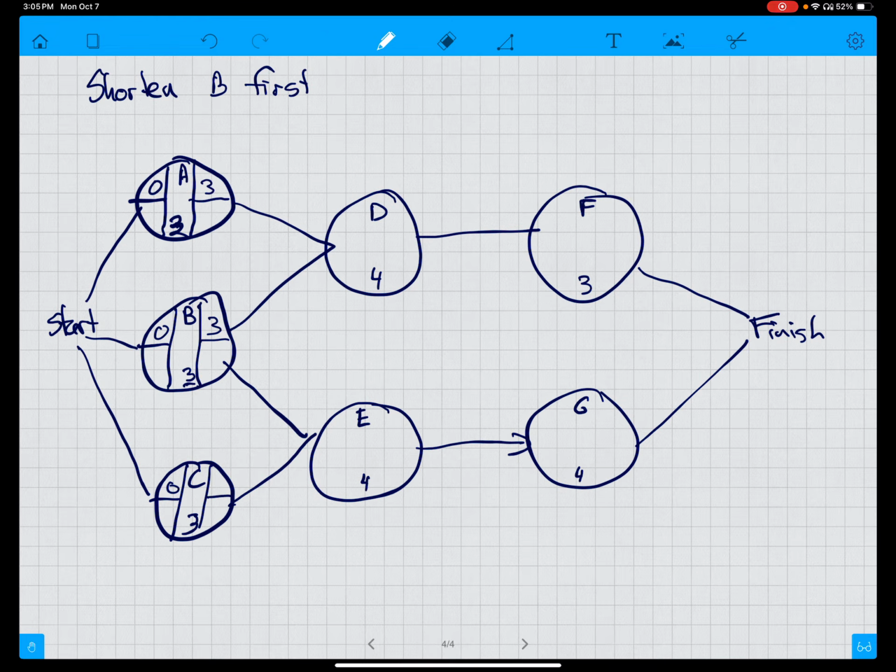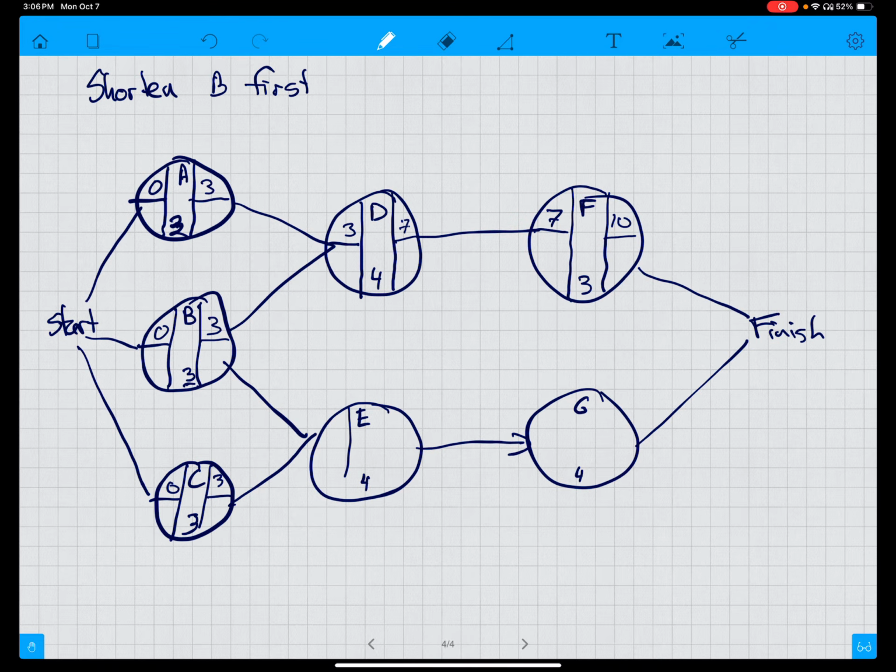For D, we have 3 out of both of them, 7, 7, 10.